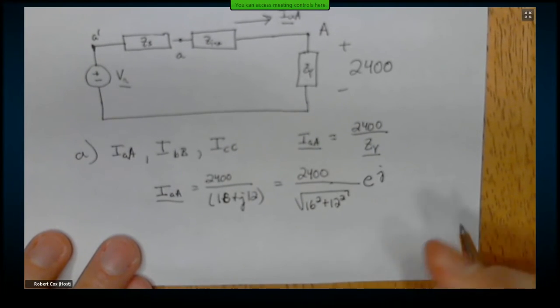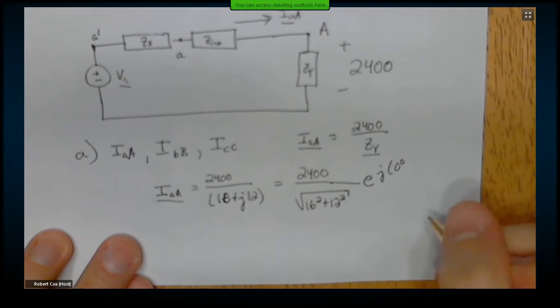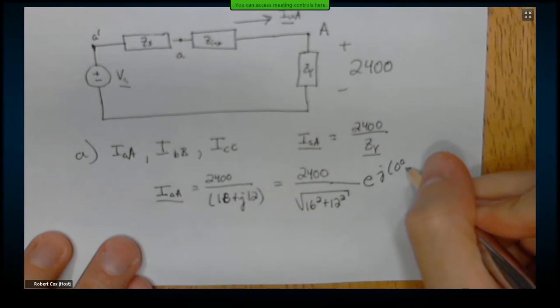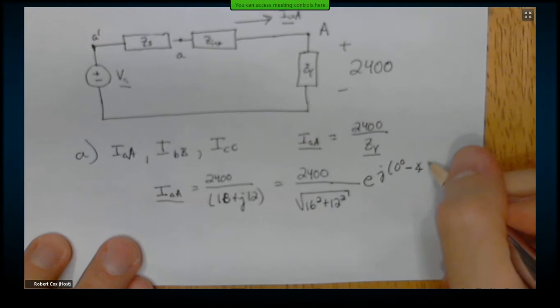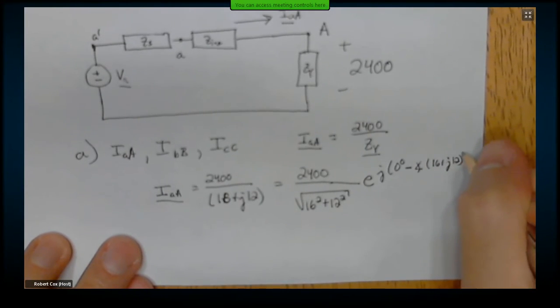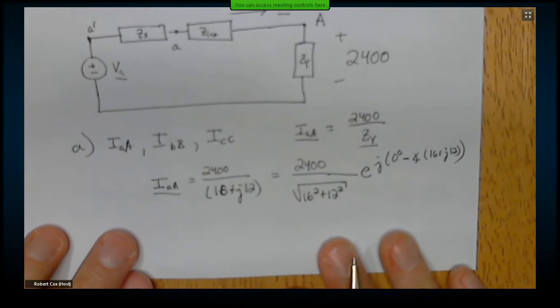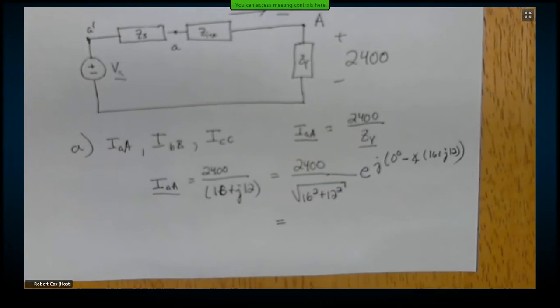All right, what's the angle of the top? Angle of the top is 0 degrees minus the angle of the bottom. Okay. So minus the angle of 16 plus j12. All right, so let's work that out.